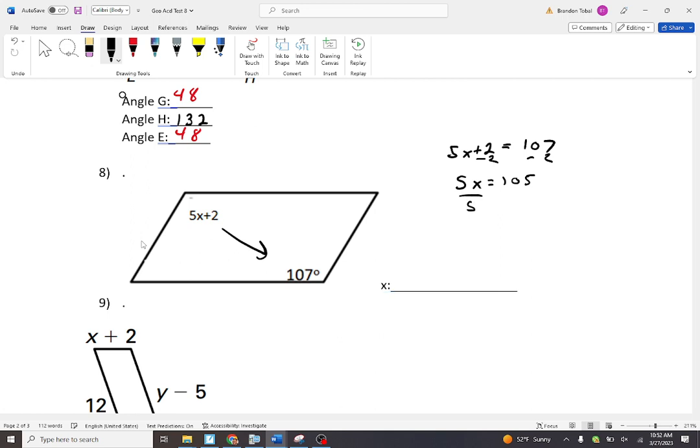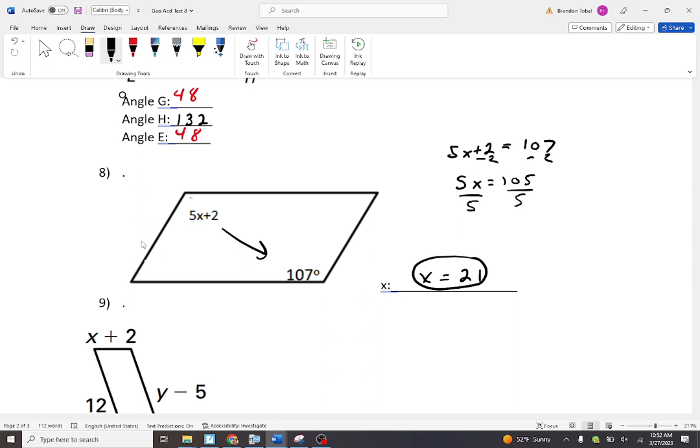Now I'm going to divide by 5 on both sides. X equals 21. So remember, if they're on the diagonal, you set them equal to each other. If they're on the same line or they're adjacent, you would set it equal to 180.